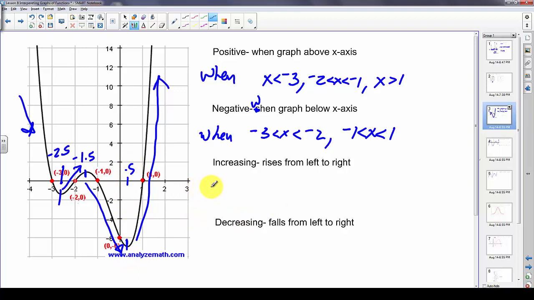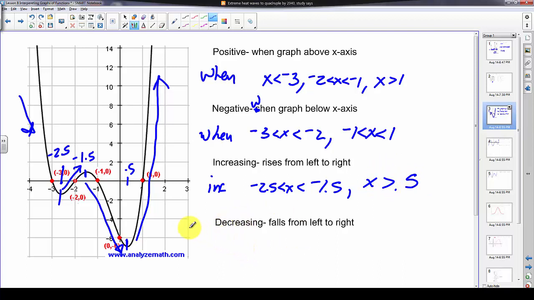So this graph is going to increase when x is greater than -2.5 and less than -1.5. And it also increases when x is greater than 0.5.